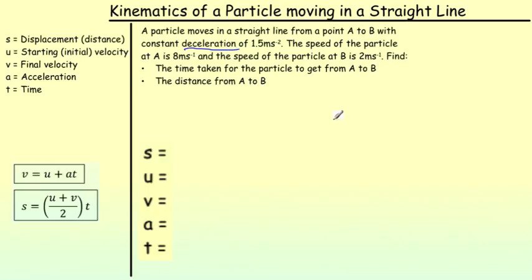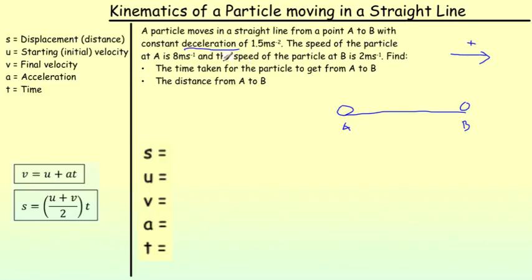So the first thing we're going to do is start with the diagram. Okay, so we've got our particle on the left at the point A, and it's moving over here to the point B. Now again, I'm going to take left to right to be positive.